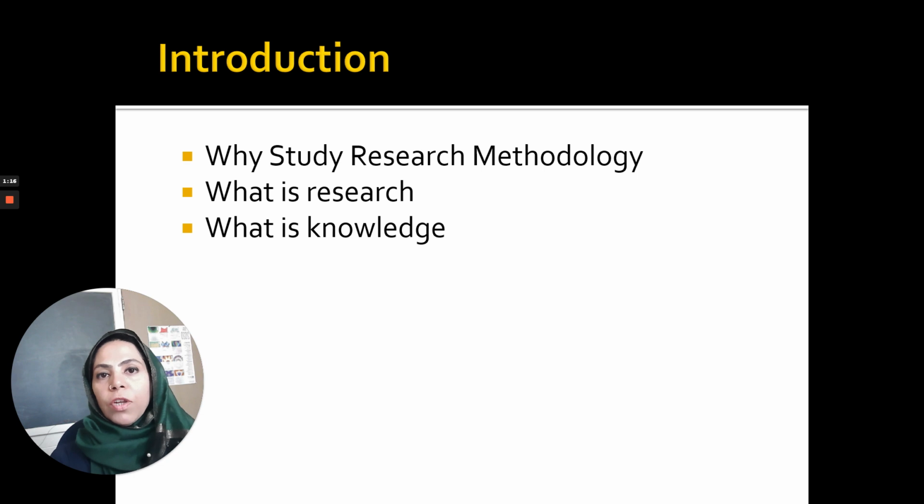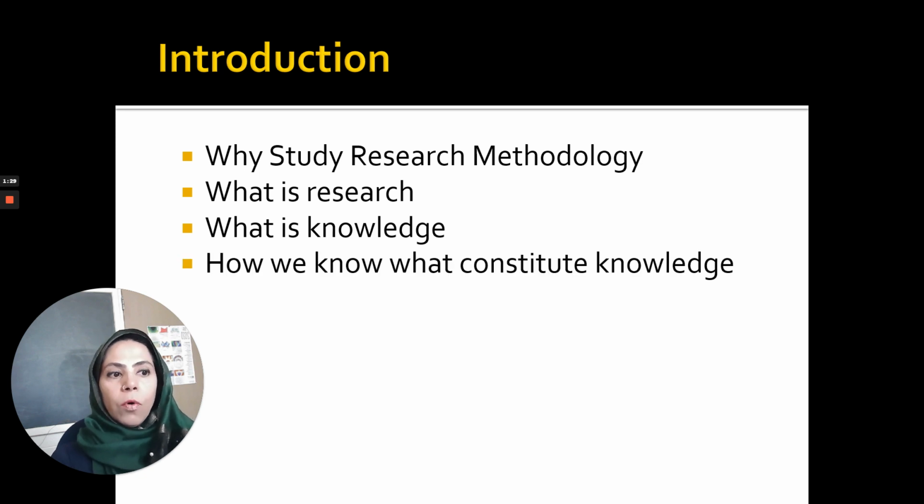और क्योंकि research की जाती है so that you can get knowledge about the phenomena that you're trying to research or you're trying to understand. So we should be knowing also about कि knowledge है क्या, and more importantly हमें कैसे पता चले कि ये कोई एक अगर piece of information हमने ली है तो does it constitute knowledge or not.